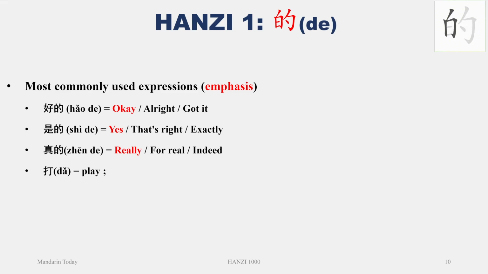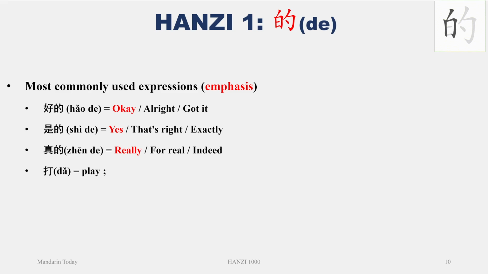In English it just means okay, all right, got it, fine. And then next one, 是的 means yes, that's right, exactly, you agree with someone. Next one, 真的, really, for real, indeed. For these three examples, the 的 can all be omitted without changing the original meaning.